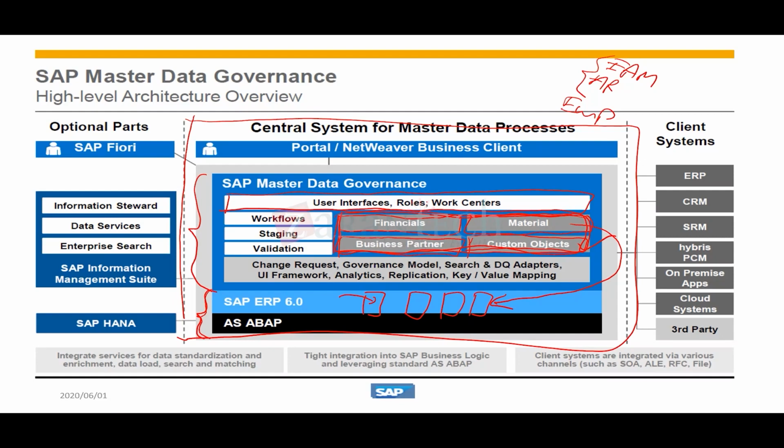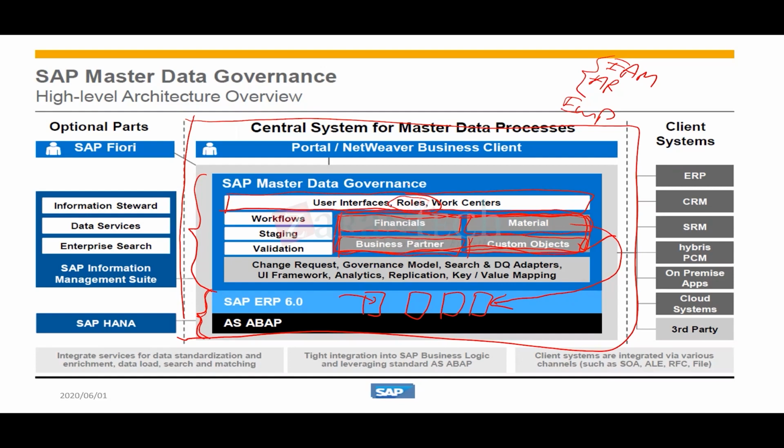Along with the UI applications, SAP also delivered some out-of-box roles. For example, in material master you will have a steward role, an approver role, then a display role and a requester role. When we talk about the governance process, the roles and responsibilities are distributed across different roles.